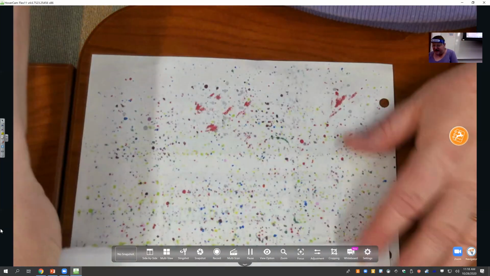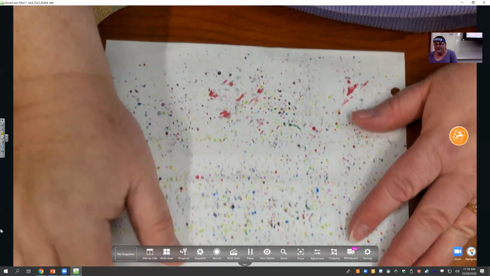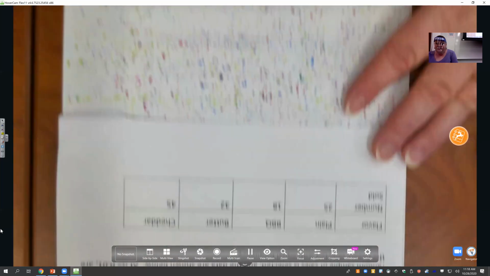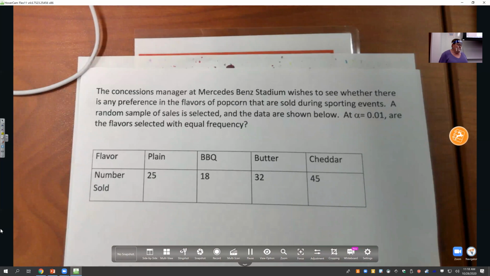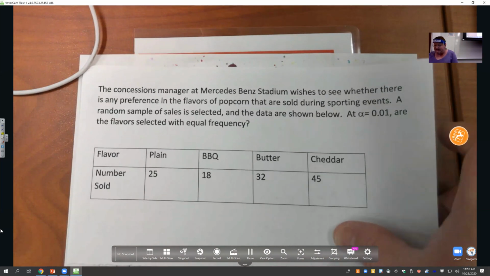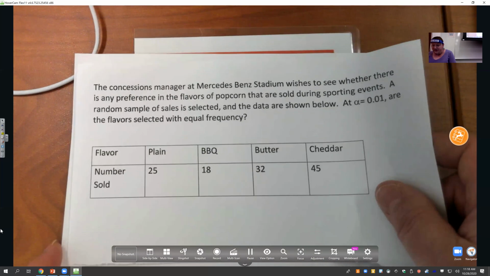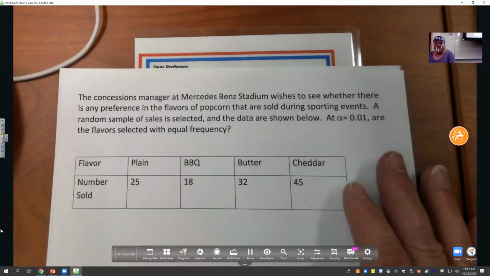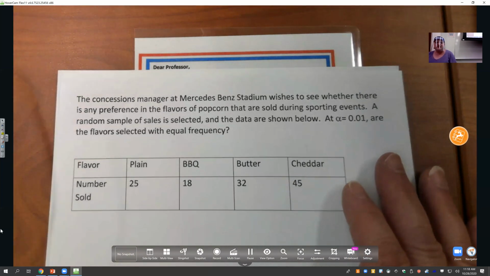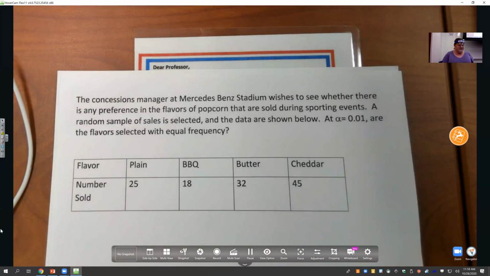Okay, so here's our question. It says, the concessions manager at Mercedes-Benz Stadium wishes to see whether there is any preference in the flavors of popcorn that are sold during sporting events.